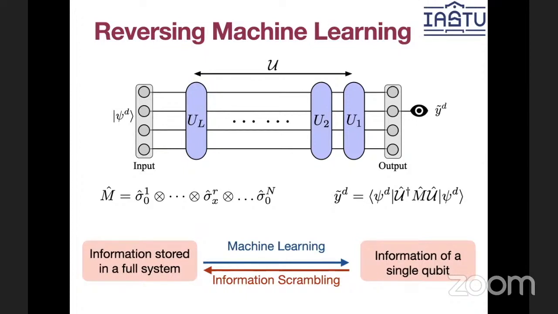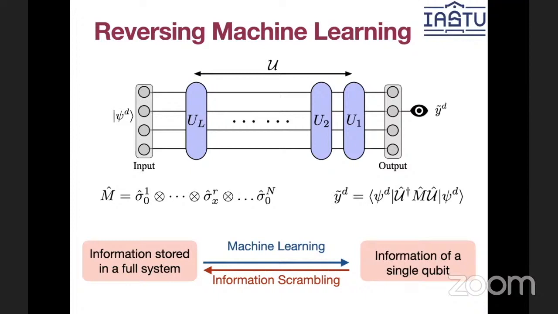And we can also regard this process in another way. First, we can encode the information to a single qubit, and because this quantum neural network is information preserving, we can apply a set of unitary transformations to scramble the information encoded at the single qubit to the entire system.